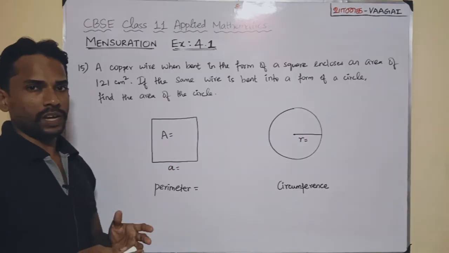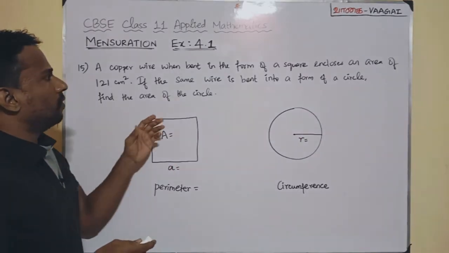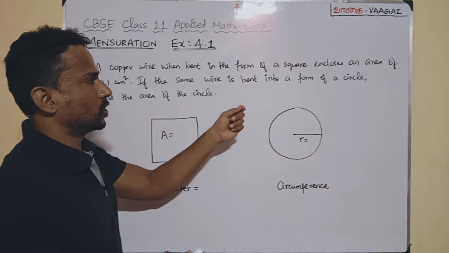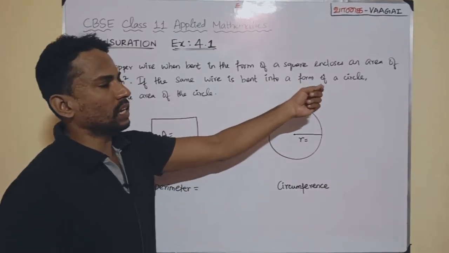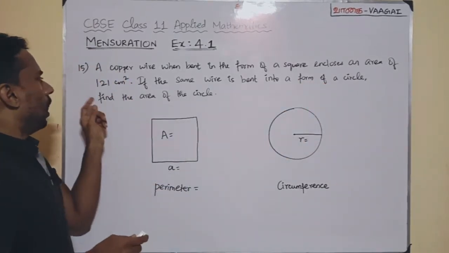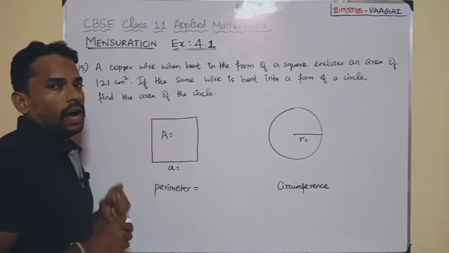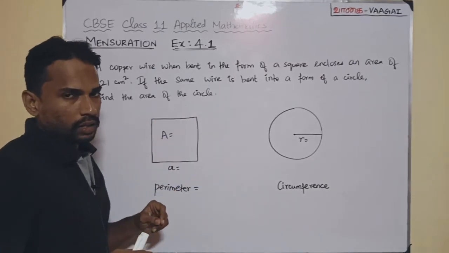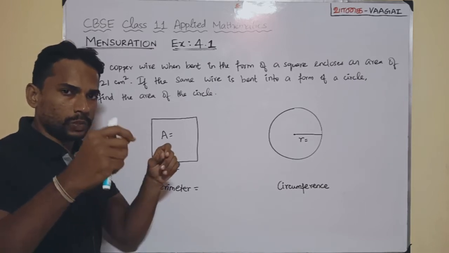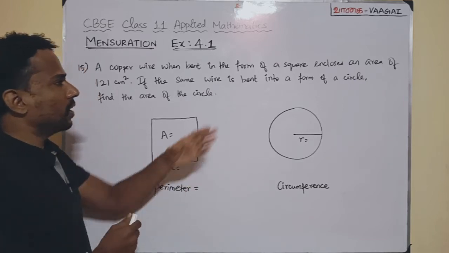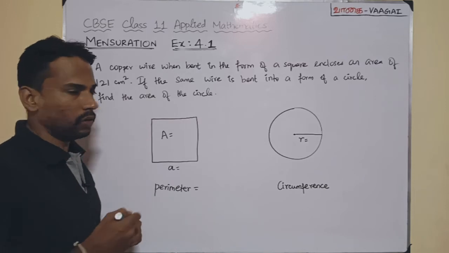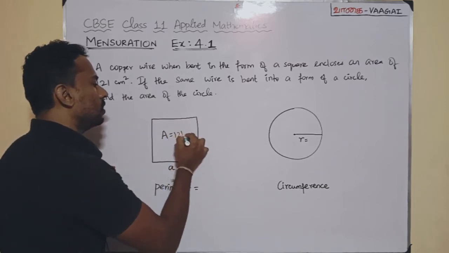Now question number 15. A copper wire, when bent in the form of a square, encloses an area of 121 centimeters square. So here is a square, and there is a copper wire. This wire is bent in the form of a square, and they gave the area of the square is going to be equal to 121 centimeter square.